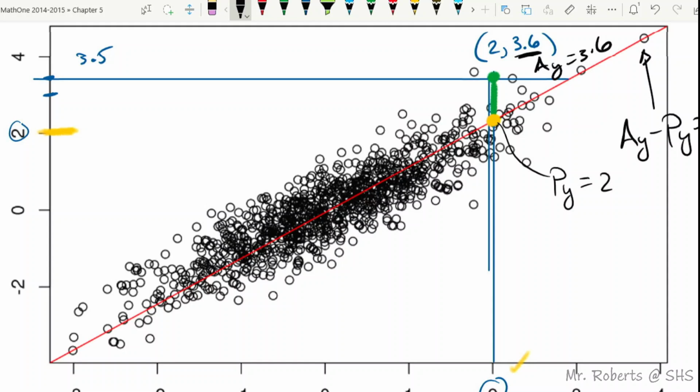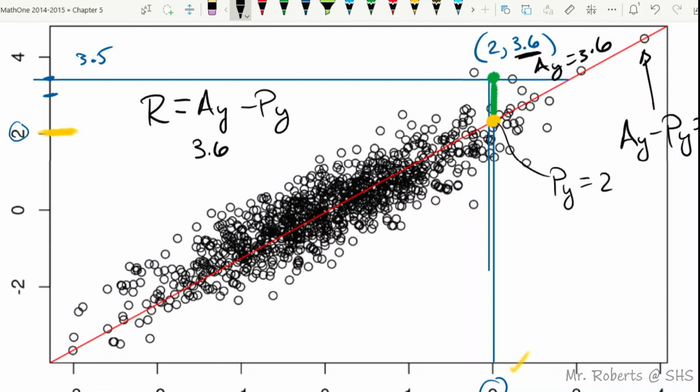So what's the residual? Again, the residual is equal to the difference between the actual Y value and the predicted Y value. If I take my actual Y value, which was 3.6, and subtract what the model predicted, 2, I get 1.6. Notice it is positive: 3.6 minus 2 is positive 1.6.